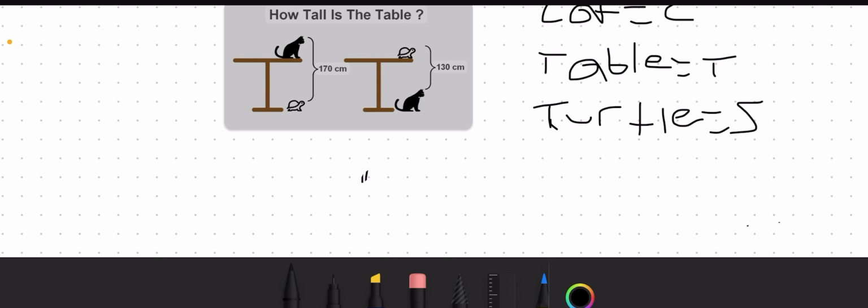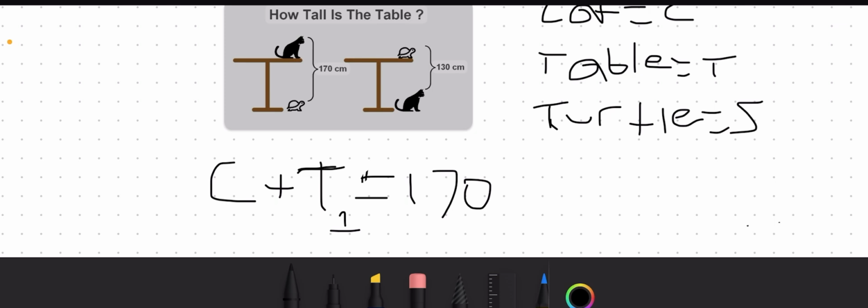So if we look at equation number 1, it's telling us that the cat plus this section of the table gives us 170 centimeters. Some section of the table, I'm going to call it T1, is giving us 170 centimeters.